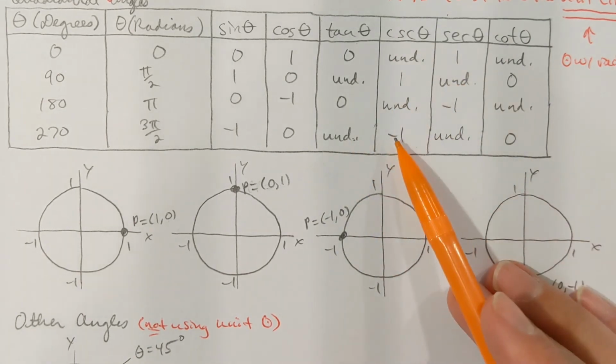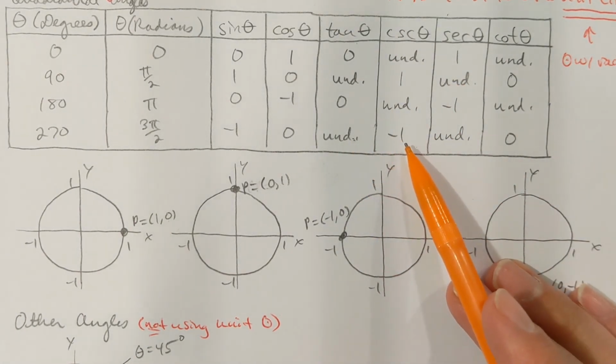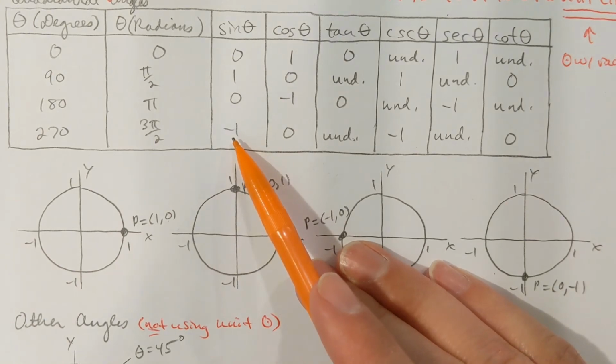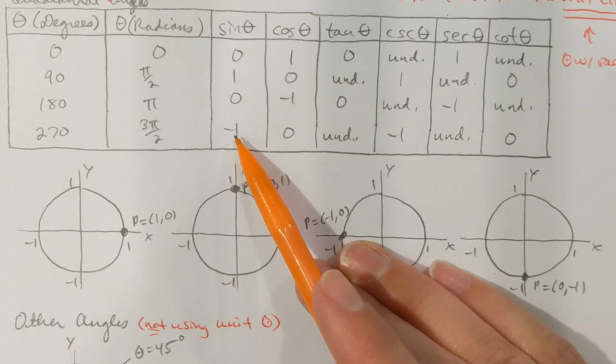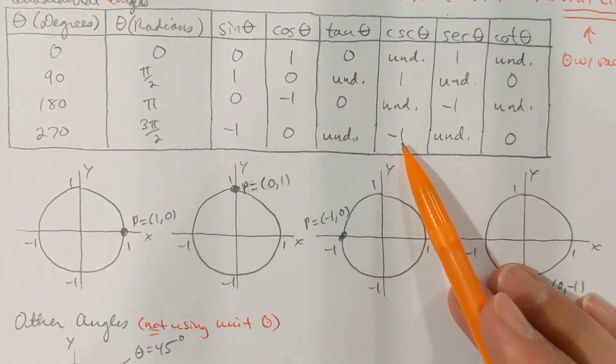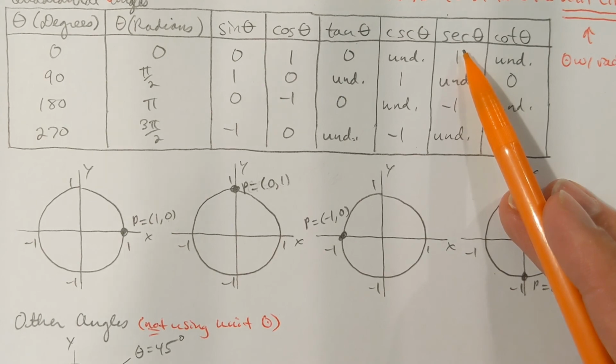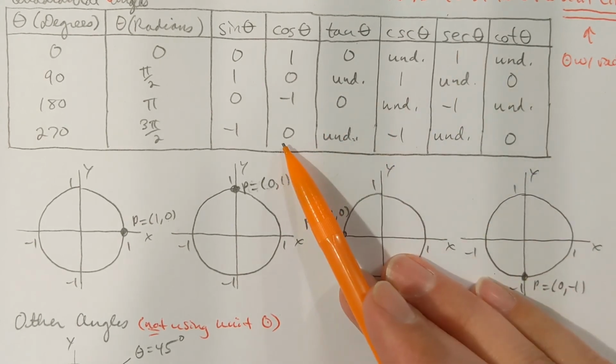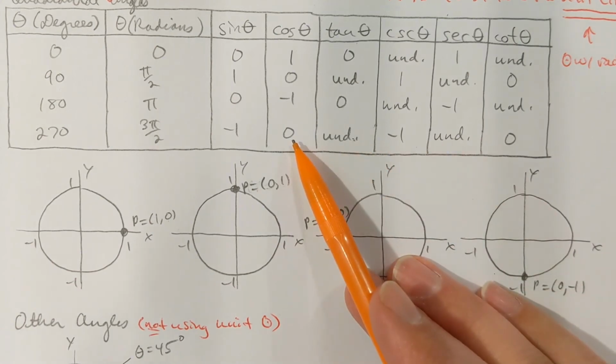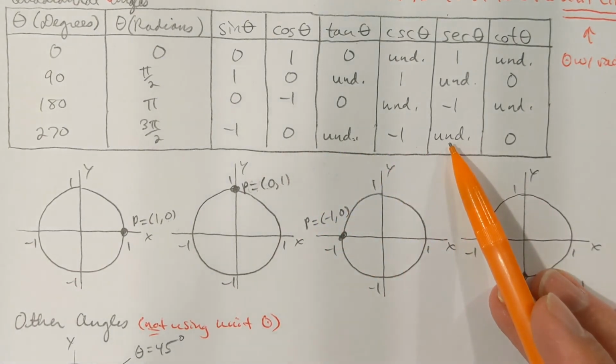Cosecant of 3 pi over 2 would be the reciprocal of sine of 3 pi over 2. So instead of it being -1 over 1, it's going to be 1 over -1, which is still going to give you -1. Secant of 3 pi over 2 would be the reciprocal of cosine of 3 pi over 2. There'd be a problem with division by 0 there, so that's going to be undefined.